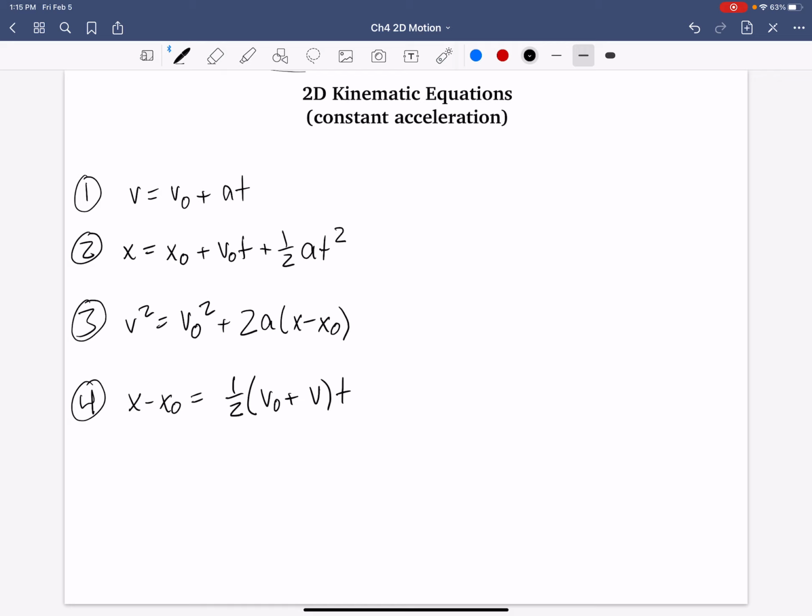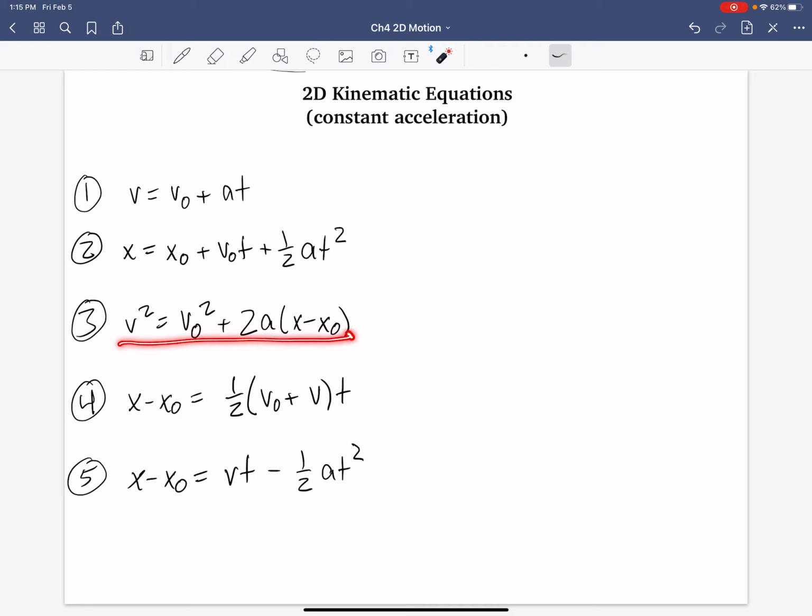And the fifth one was the difference in position equals the final speed, specifically v times t, minus 1/2 at squared. The table also lists, if you're missing specific quantities, which equation would be best to use. For example, equation 3 here would be best to use if you didn't have time.